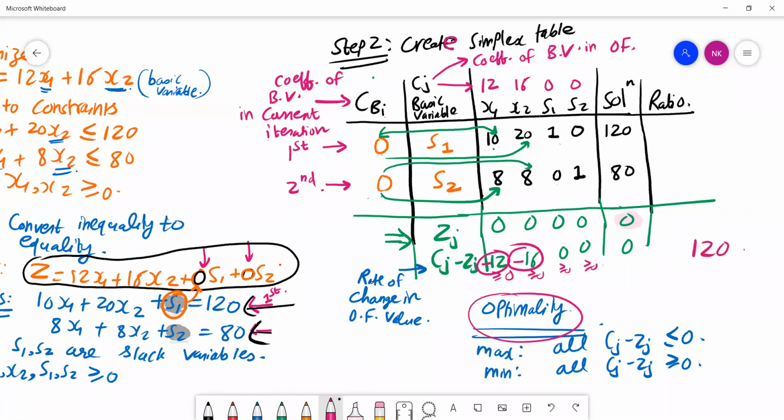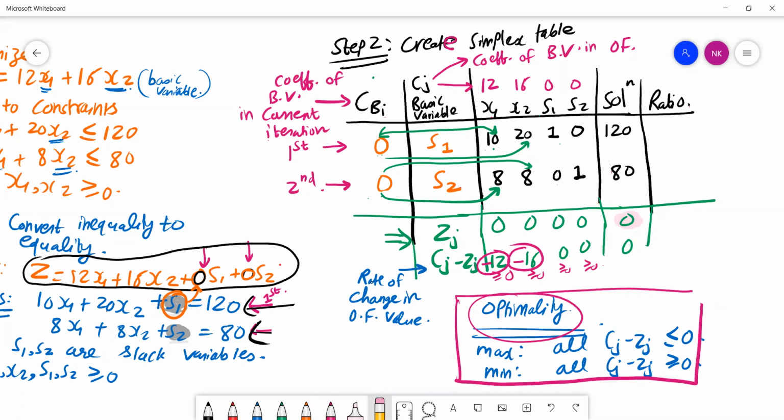Suppose we have got 120 as the profit, and if I still continue to have the iteration, then there is a chance that from 120 I may come down to 80. Instead of going high, I may come down to a lower profit. So this is the important condition of optimality which you should be remembering and highlighting in your notebook.